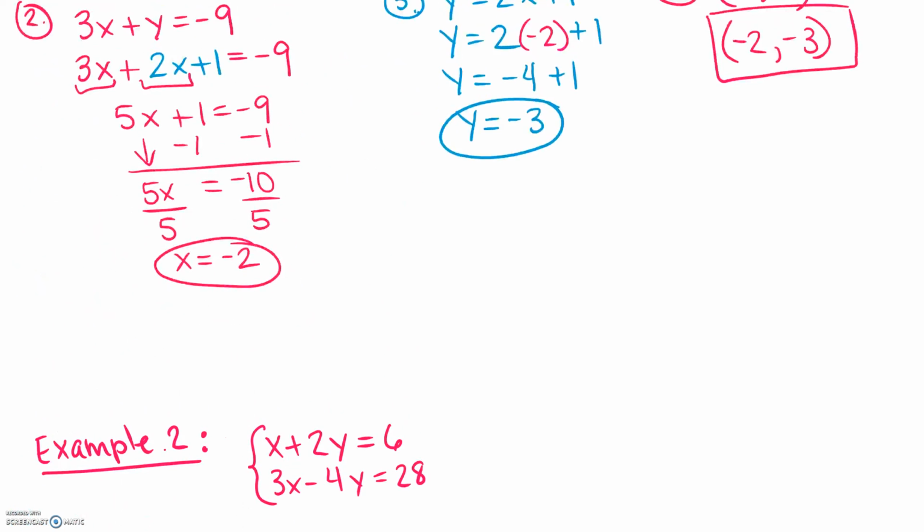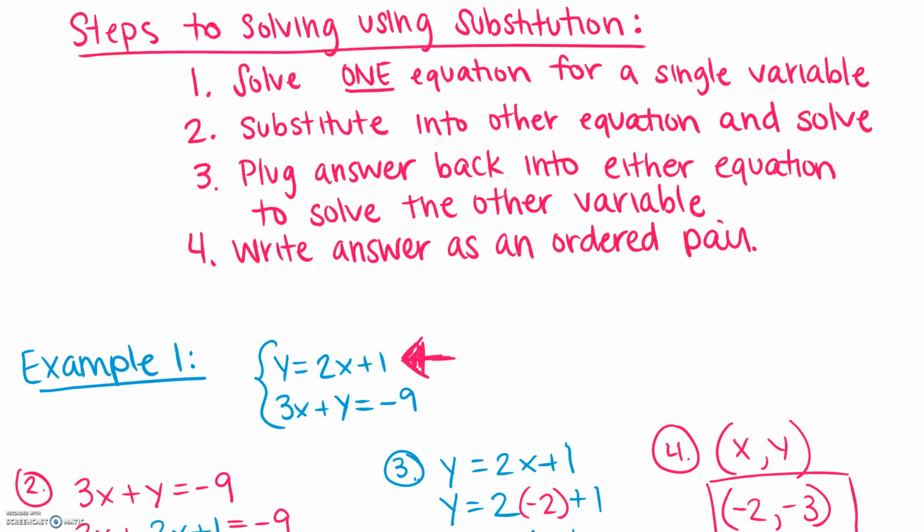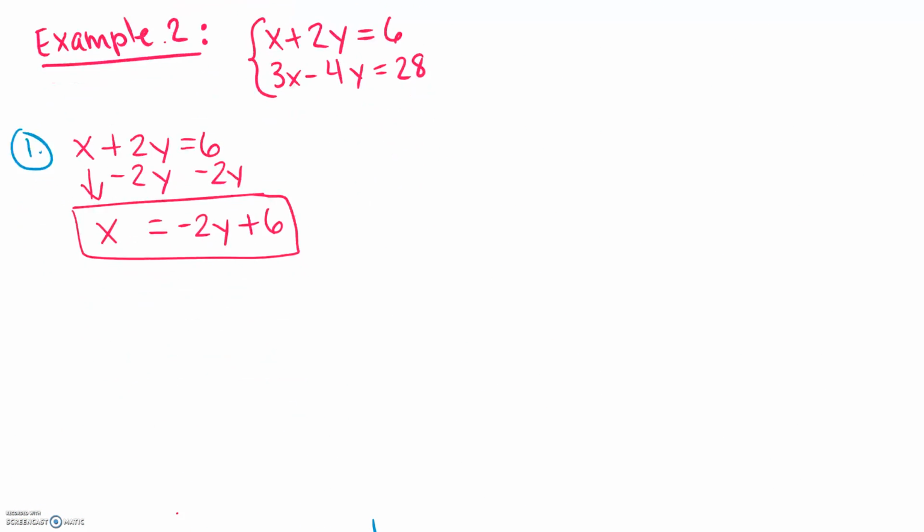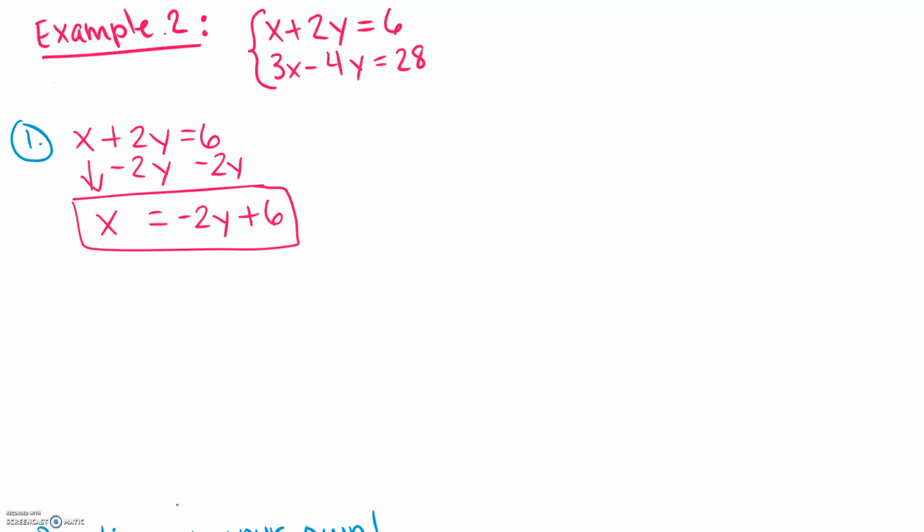Now if we look back at step 2, we're going to substitute into the other equation and solve. So step 2, we're going to use 3x minus 4y is equal to 28. Now instead of x, I'm going to plug in negative 2y plus 6.